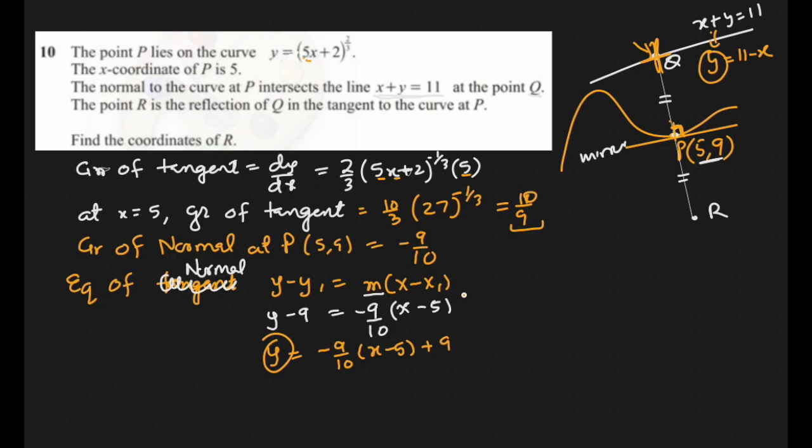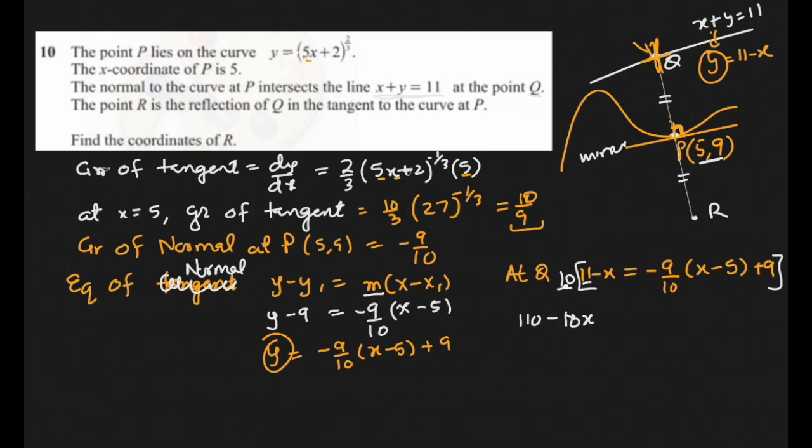Now this y and this y are the same at Q. So at Q, the y's will be the same. So 11 minus x will be the same as minus 9 over 10 x minus 5 plus 9. And now we have to find x from this, and the best way is to get rid of this 10 first. I'll multiply the whole equation by 10. So 10 times 11 is 110, 10 minus x, minus 10x.